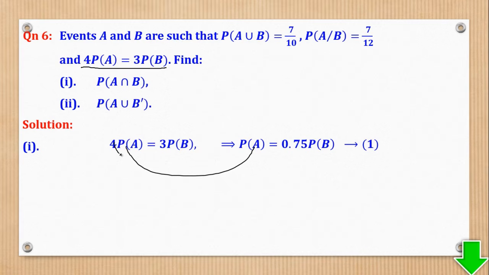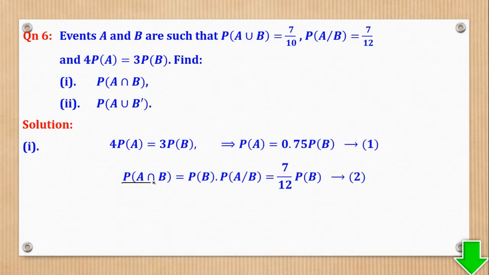When I bring this to this side, it becomes 3 over 4, which is 0.75. So I've got probability of A in terms of probability of B. Therefore I'll come here and say that probability of A intersection B is equal to probability of B times probability of A given B. Now here probability of A given B is 7 over 12, which is here, and probability of B I don't know it yet.